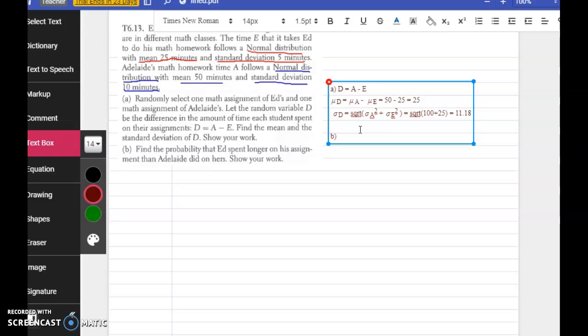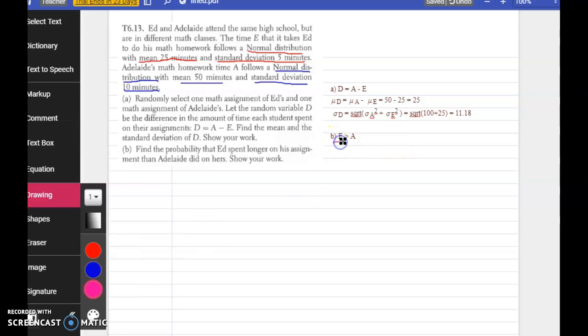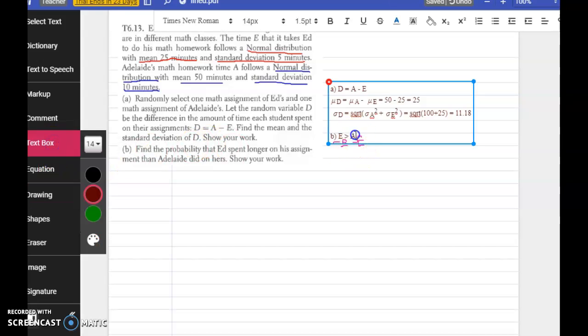And then part B, find the probability Ed spent longer on his homework than Adelaide did on hers. So let's think about what that means. If Ed took longer than Adelaide, meaning his homework time was greater than Adelaide's, and I want to do less work, so I already have A minus E. So if you think about algebra, I just go ahead and subtract this E from both sides, and from the A minus E, I end up getting that distribution we just worked with.